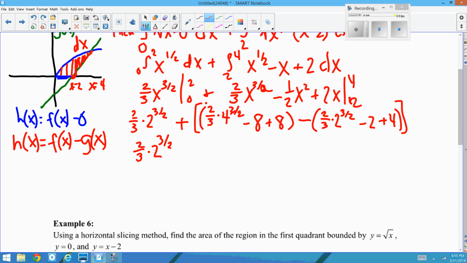This is a lot of work, though. The square root of 4 is 2. 2 cubed is 8. 8 times 2, 16, so I'm going to get 16/3. Minus 8 plus 8, they'll cancel out. Now I have minus 2/3 times 2 to the 3/2. And then I have inside minus 2 plus 4, so I get a plus 2, but it's really a minus 2.